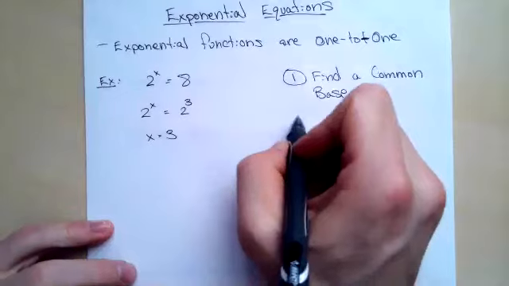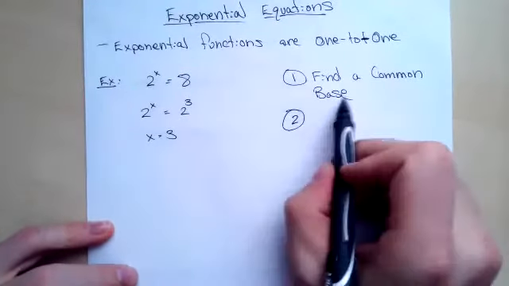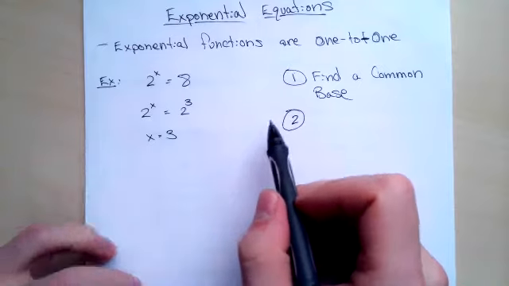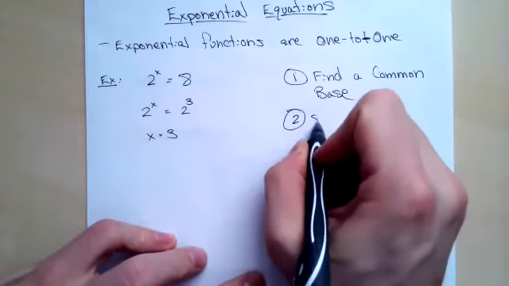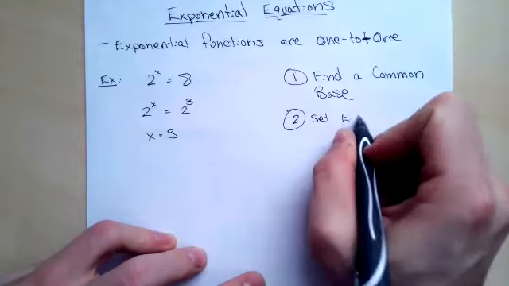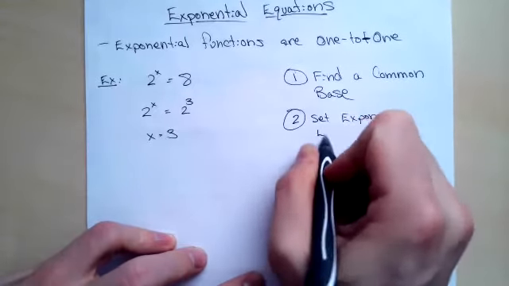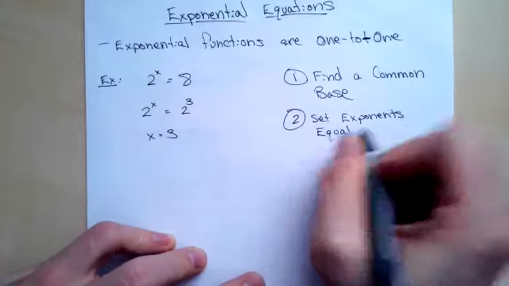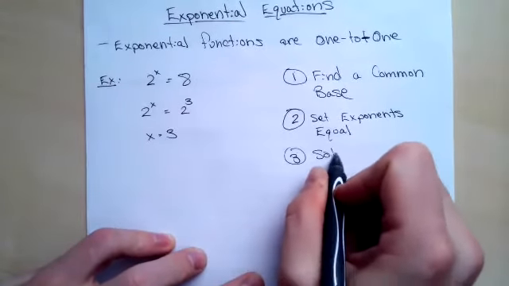So our basic problem-solving method for this is going to be find the common base, and sometimes there's a bit of work involved in manipulating these to have the same base. Second step is going to just be set the exponents equal. And then our third step is going to be to solve.